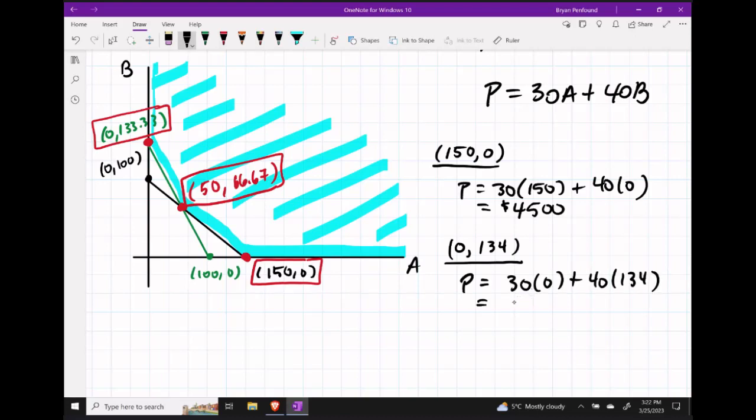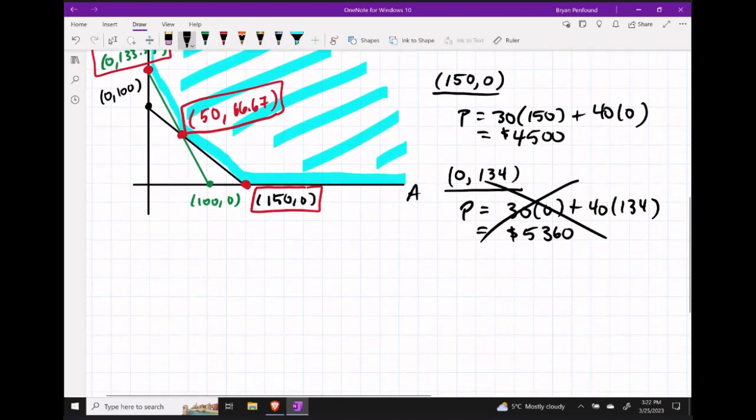And performing this multiplication, we get 5,360. So since this is a little bit higher than our initial corner point of 150 and 0, this is definitely not going to be the minimal solution.